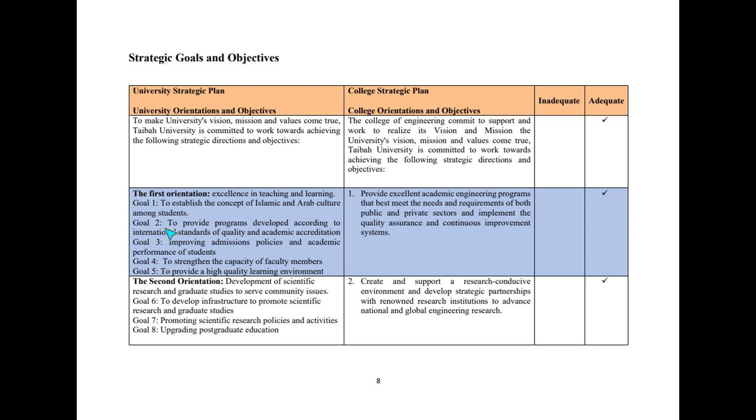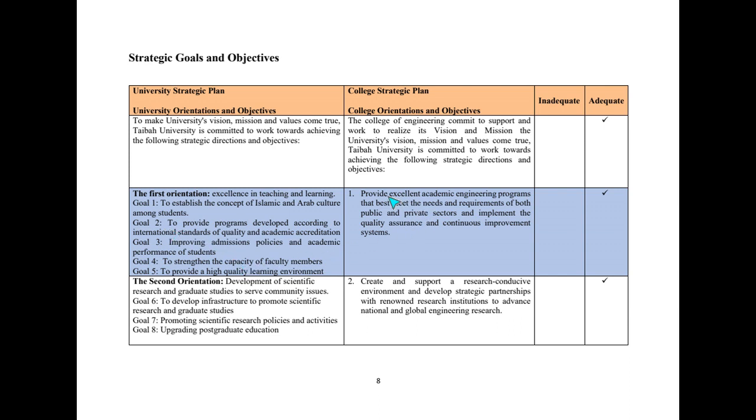the distinguished education. How do you have distinguished education? One of the goals you can provide or develop is to have a program that is accredited by an authentic body or association.